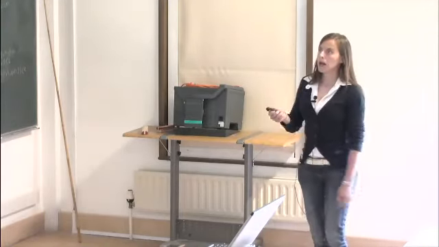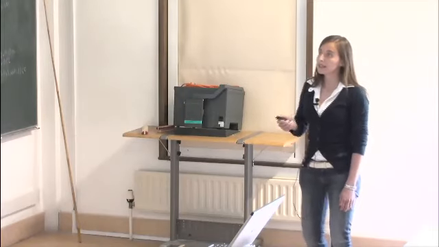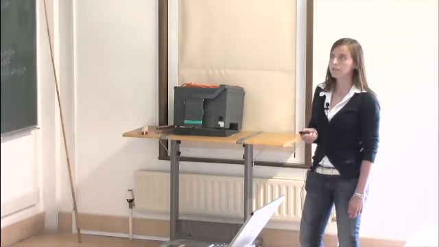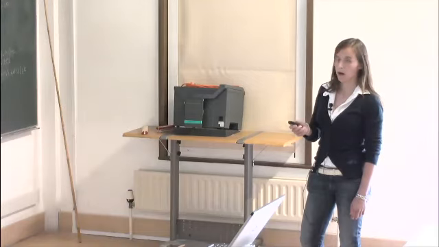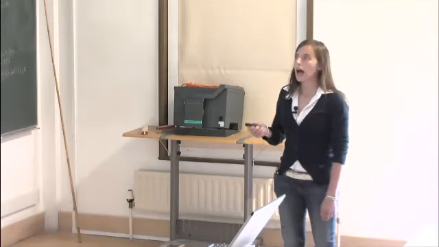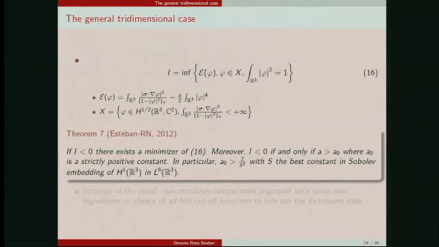And for this, we have this theorem, which asserts that if I is smaller than 0, then there exists a minimizer of this problem. Moreover, I is smaller than 0 if and only if A is big enough. And in particular, A must be bigger than 2 over S squared, where S is the best constant in Sobolev embedding of H1 in L6.